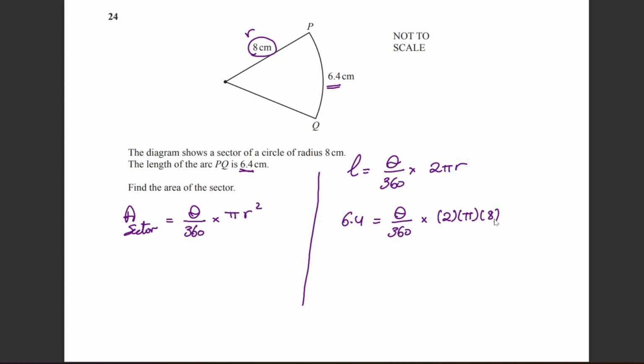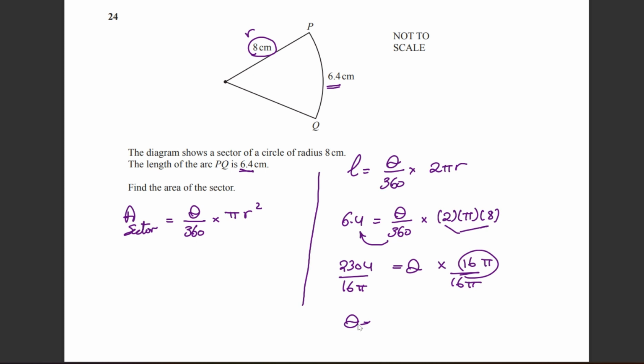I will send this 360 up here, so 6.4 times 360 will be 2304, equals theta multiplied by 2 multiplied by 8, 16 pi. Then divide by 16 pi, so theta will be equal 45.8 degree.